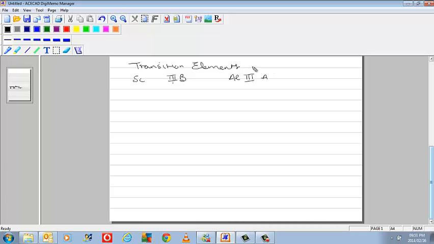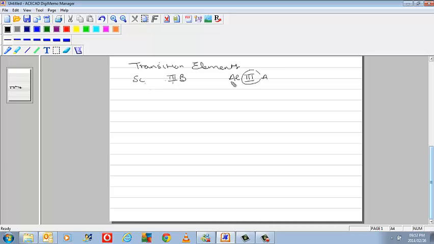Aluminium's in group 3, and scandium is in group 13. The so-called normal, non-transition elements, those without d electrons or available d orbitals in the regular group, could be the n, and the n plus 10 would then be the B elements.